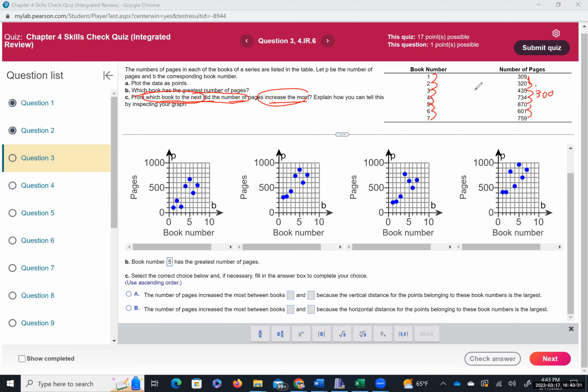So the most one will be the one that's between 400 and 700 there. So what is that? That is the third and the fourth, right? So I will answer in here.